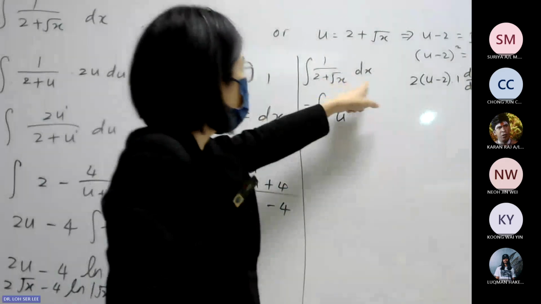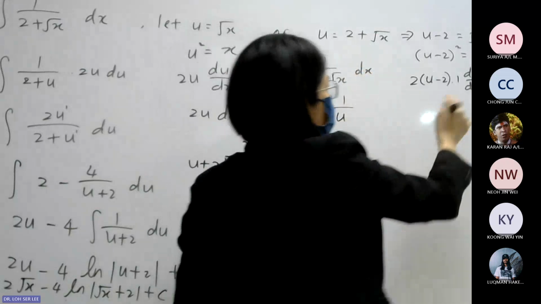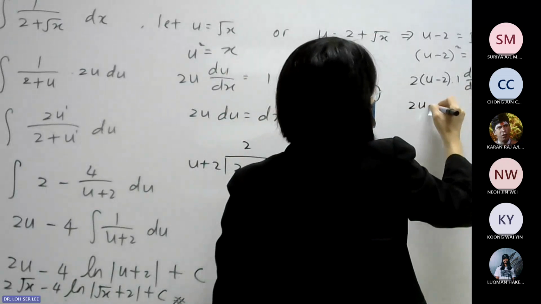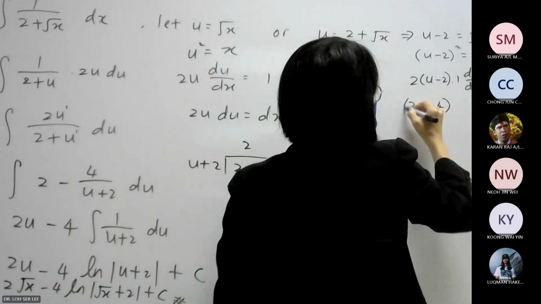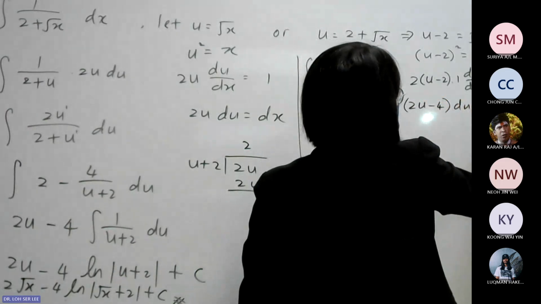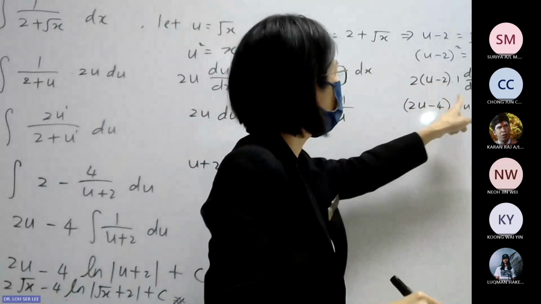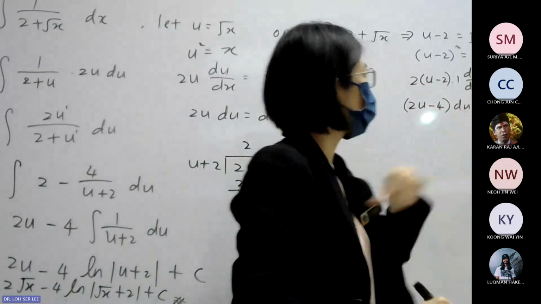What do we want? We want dx. So your dx goes here: you have 2u minus 4 du equals dx.